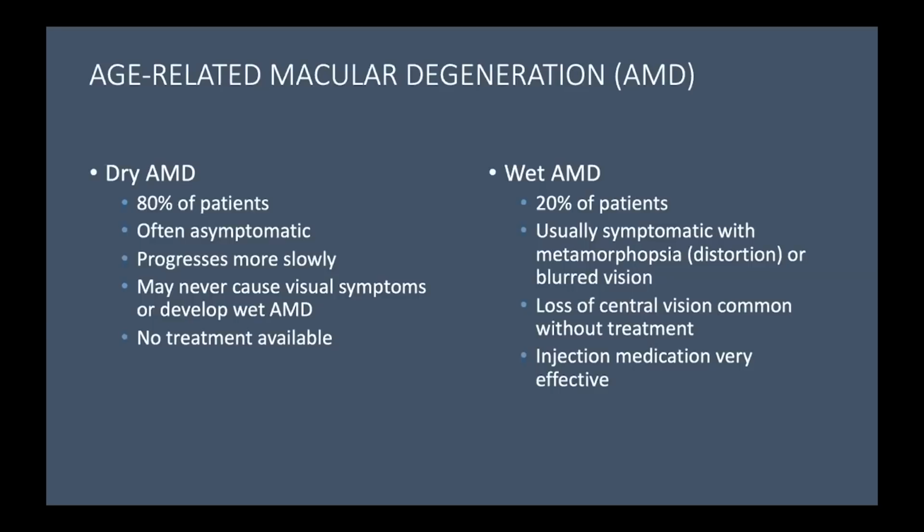Without treatment, the natural history is that it will usually progress to loss of central vision, although peripheral vision is rarely affected. But there is good injection medication treatment with anti-vascular endothelial growth factor agents, and in the majority of cases, we can arrest progression of vision loss, and in some cases we can restore vision from presentation.